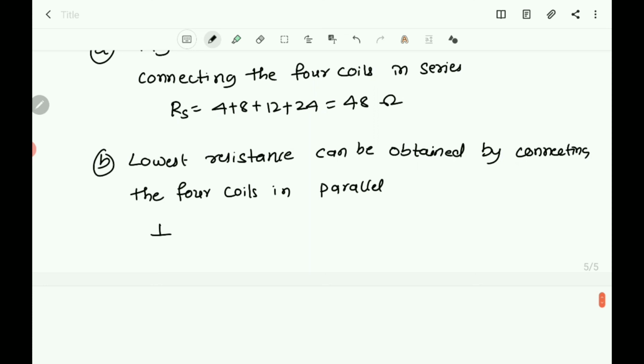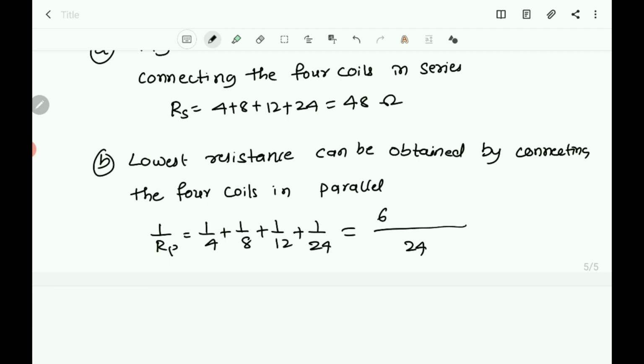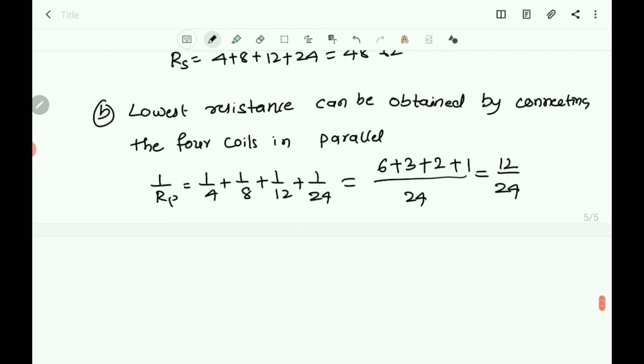Then here it becomes 1 by Rp is equal to 1 by 4 plus 1 by 8 plus 1 by 12 plus 1 by 24. Here the LCM is 24, and you know that 4 6s are 24, 8 3s are 24, 12 2s are 24, plus 24 1s is 24. So it becomes 6 plus 3 is 9, 9 plus 3 is 12, plus 1 is 13. So 12 by 24, you will get 1 by 2.